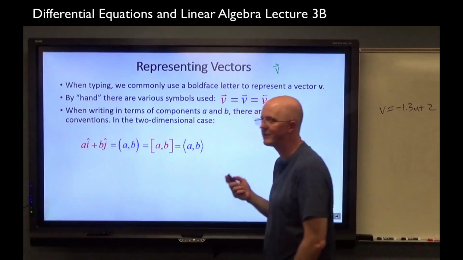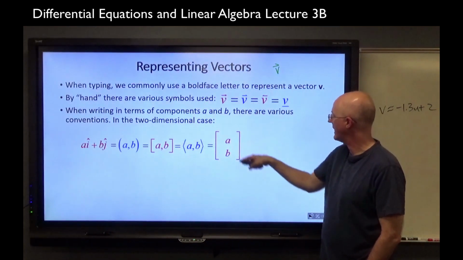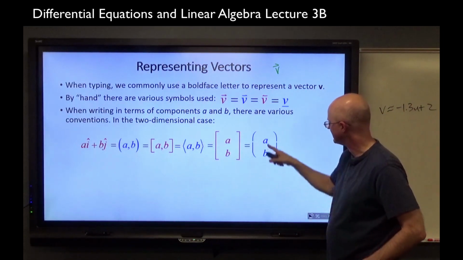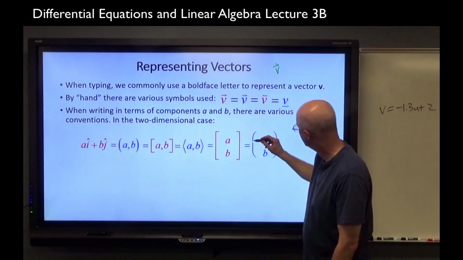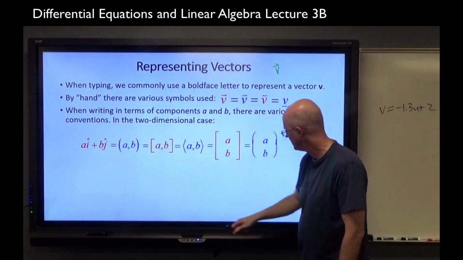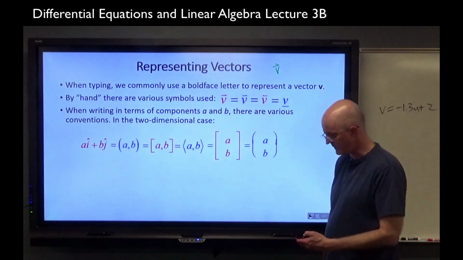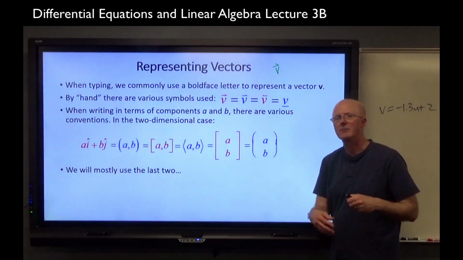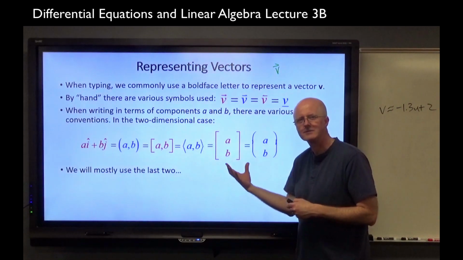The most common ones we will use in this class are column vectors, either with square brackets around them or parentheses. And again, that's a typo there. Those lines should be showing up there. These are the most common ones we will use in this class because, especially later on, we'll be wanting to take a matrix times a vector.